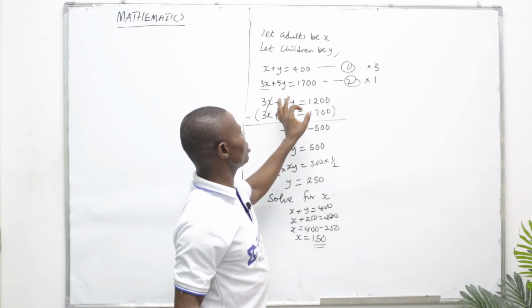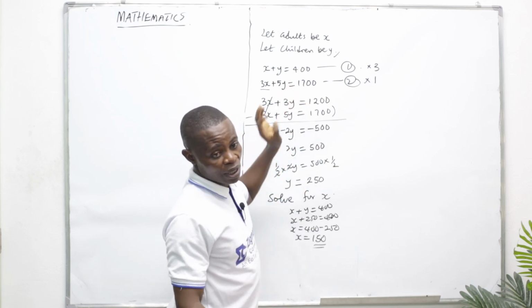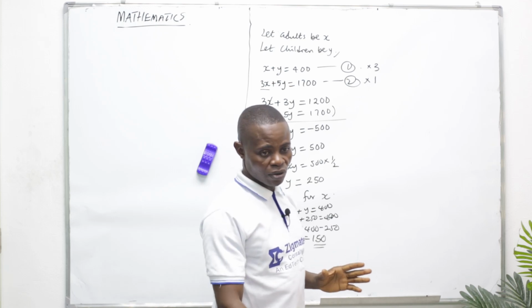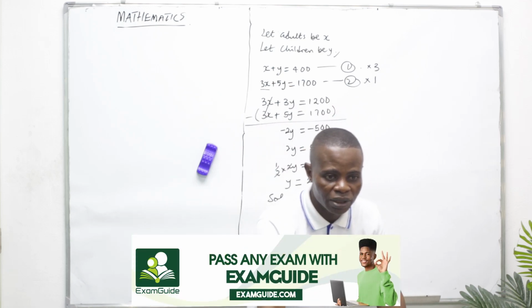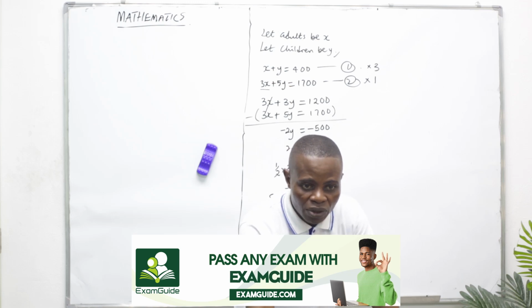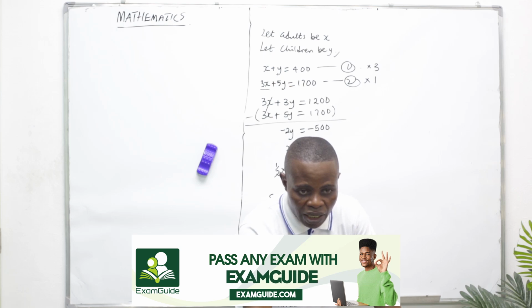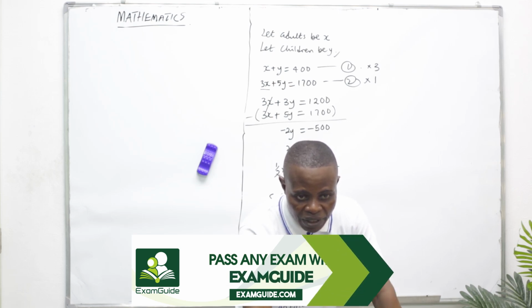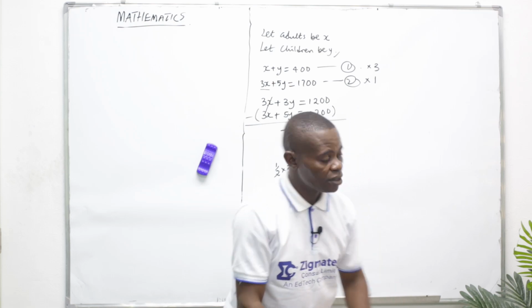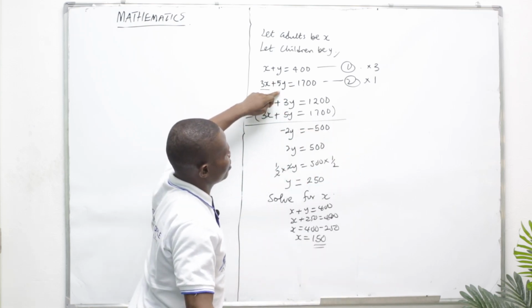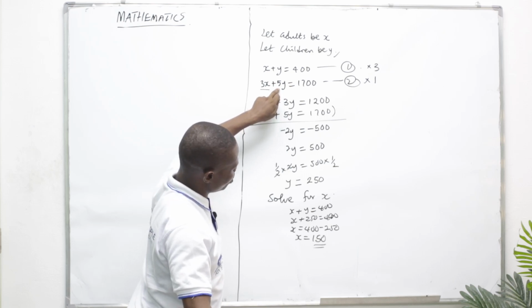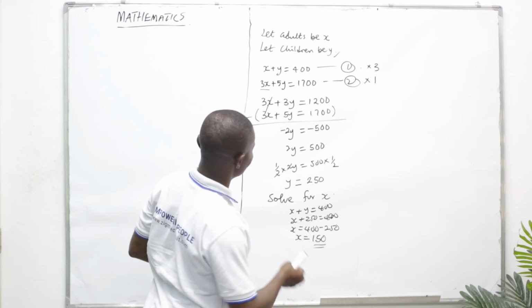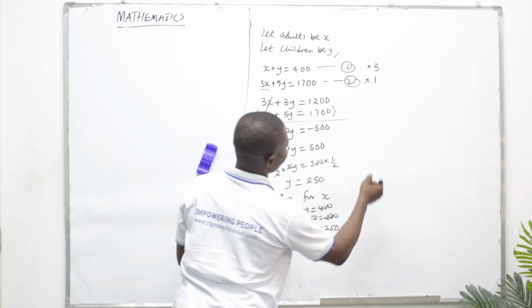Why am I doing this? Just for you to know when you are correct or when you are wrong. So, in a football match, tickets for children and adults were 3 naira and 5 naira, that's 3D and 5D. Look at the 5D here, 5Y. If you want to know, Y is 250, 250 multiplied by 5.